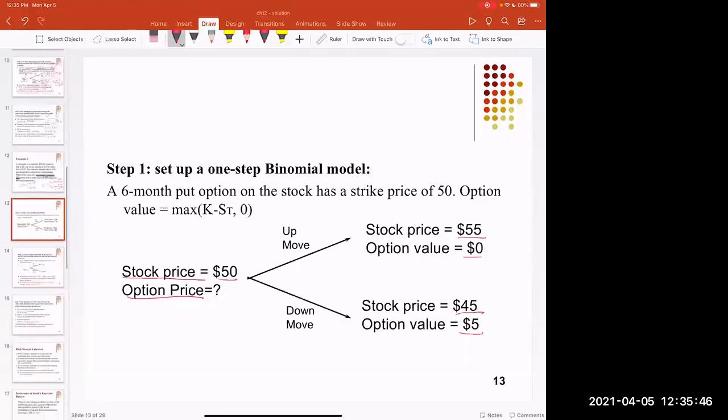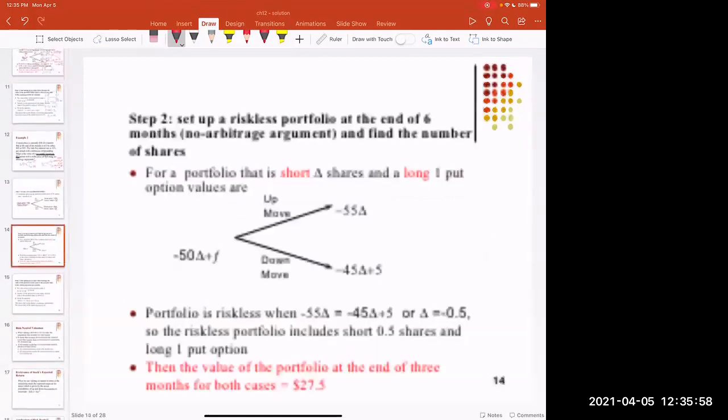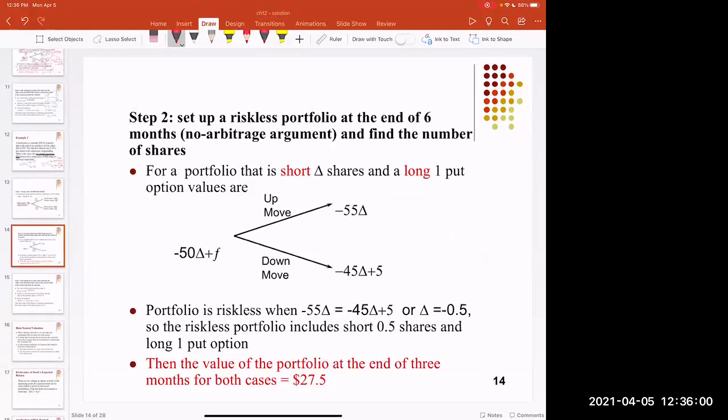And then we're going to set up a riskless portfolio. For the call option case, we basically long the shares and short a call, right? So what would it be for the put option? For the put option, step 2, we set up a riskless portfolio, same thing, find the number of shares.